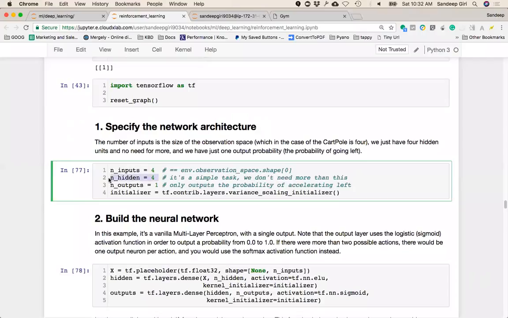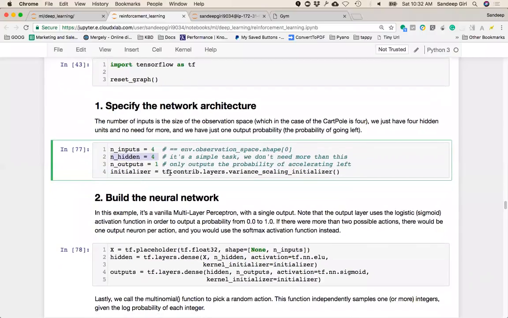And since it's a simple task, the hidden layer has only 4 neurons and the number of outputs is 1, since we are only predicting the probability of going to the left. The remaining probability indicates the probability of going to the right. So the outcome of the neural network is the prediction of whether to go left or right, and therefore there is only one output neuron.